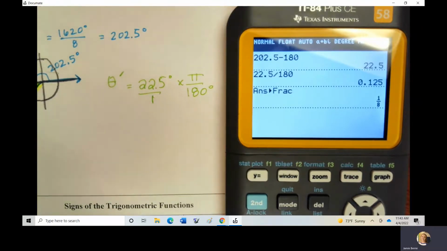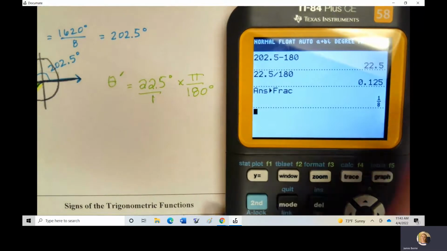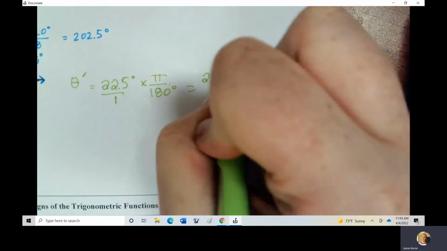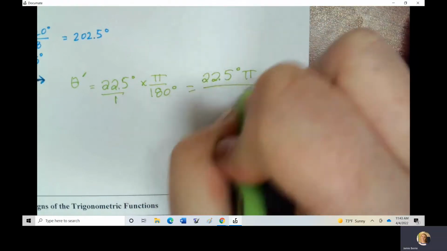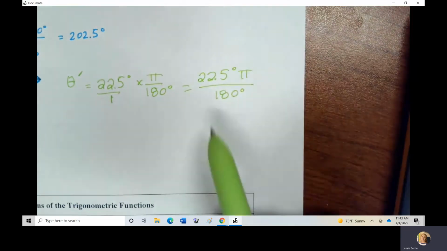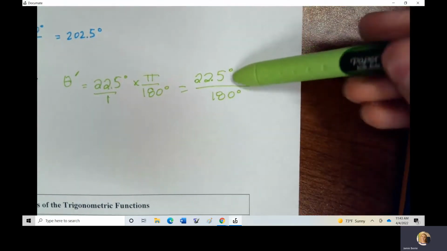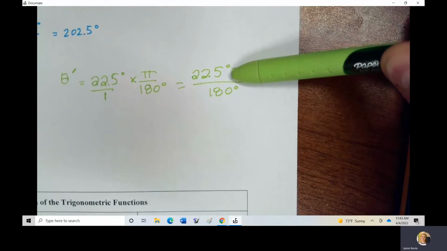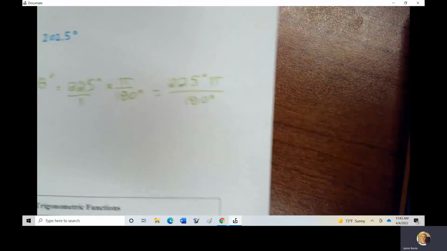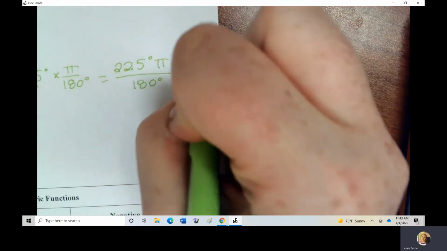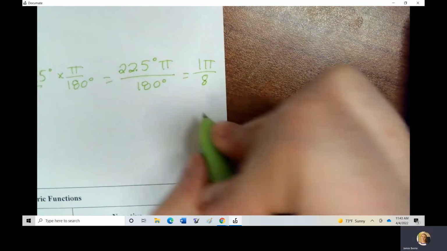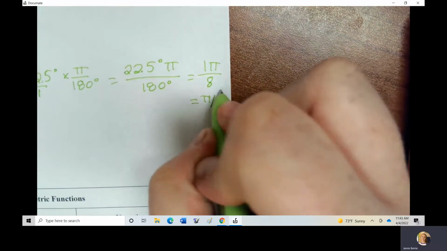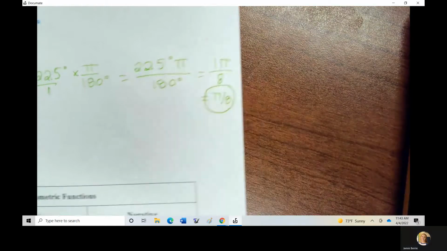That's 1 over 8. What I just did is I said, okay, 22.5 degrees, pi in the top, 180 in the bottom. I just put the degree part in the calculator and converted that to a fraction. It said that was 1 over 8. So that reduced to 1 pi over 8, which is the same thing as just pi over 8. There's my reference angle for part A.